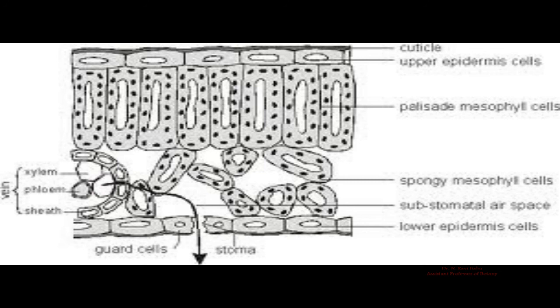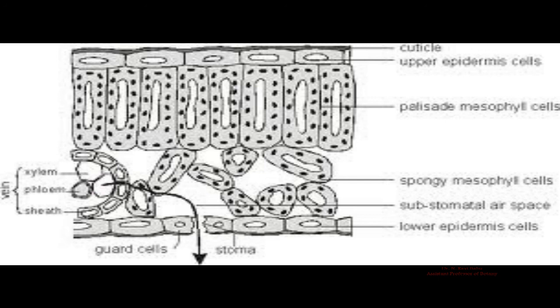That is the idea for the cuticle being moderately developed, right? And the epidermis is well developed, and stomata are generally present on both the epidermis. So there is a good scope for performing transpiration.